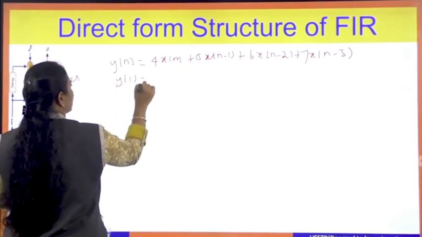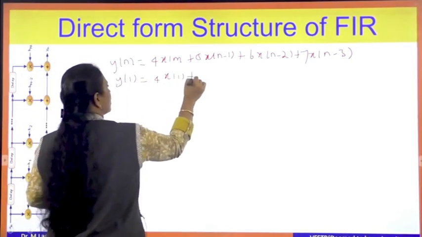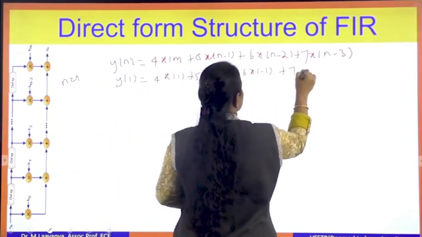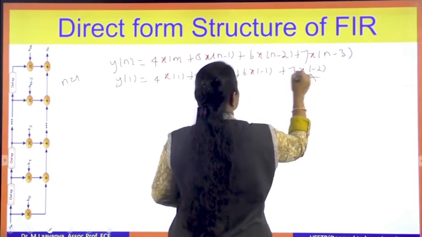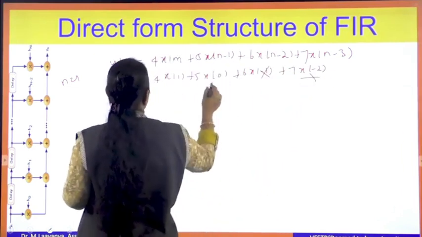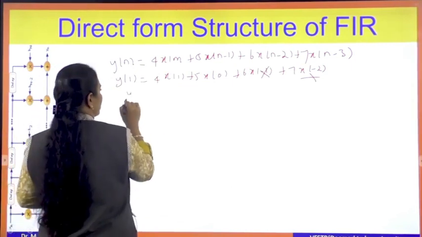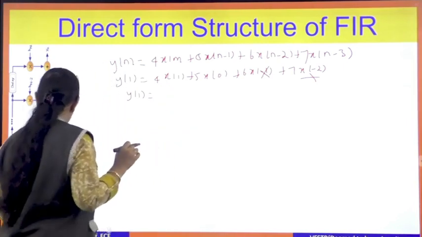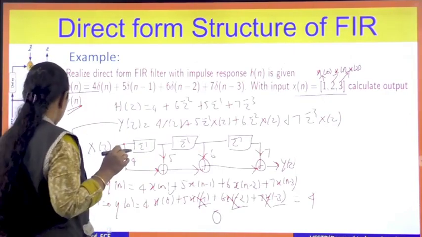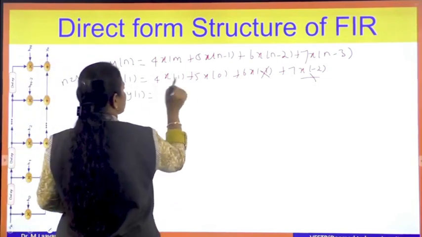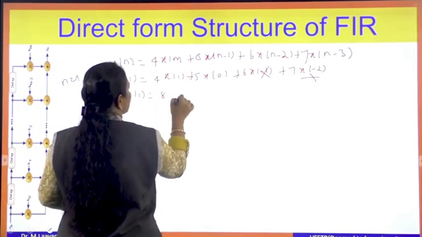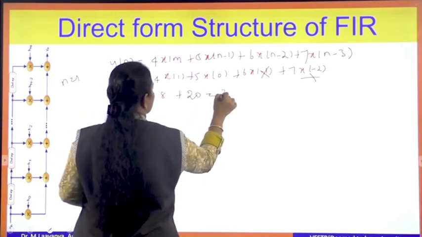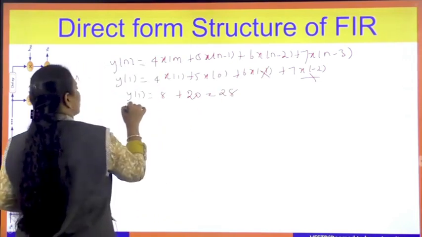So y of 1 is 4 x of 1 plus 5 x of 0 plus 6 x of minus 1 plus 7 x of minus 2. Again this is 0, this is 0. So x of 0 was 1. So my y of 1 will be 4 into x of 1 value. What value we had for x of 1? It is 2. So x of 1 is 2. So 4 twos are 8 plus x of 0 value was 1, 5 ones are 5. So the answer is 13. This is my y of 1.